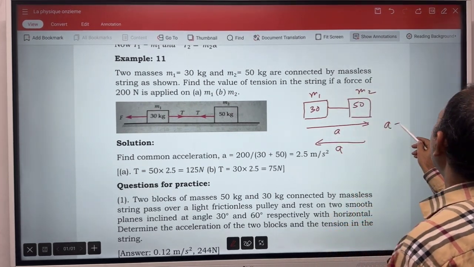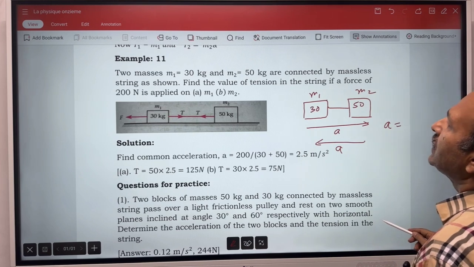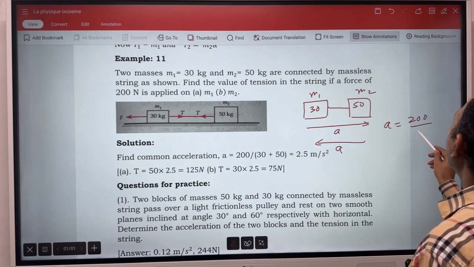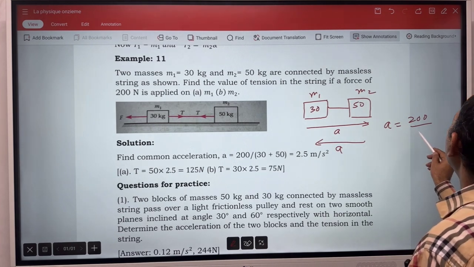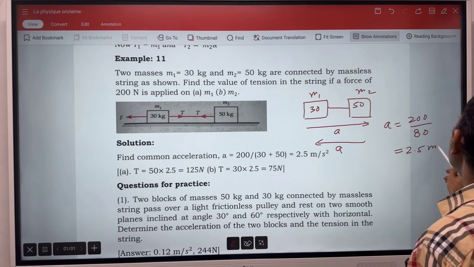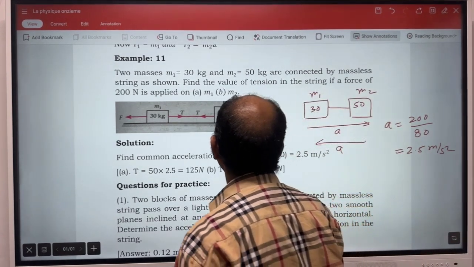So acceleration will be equal to force applied. So force in our question is given as 200 newtons. So 200 divided by masses to be pulled. So that total mass they are pulling is 80 kg. So it will come out to be 2.5 meter per second square. So we have got acceleration.